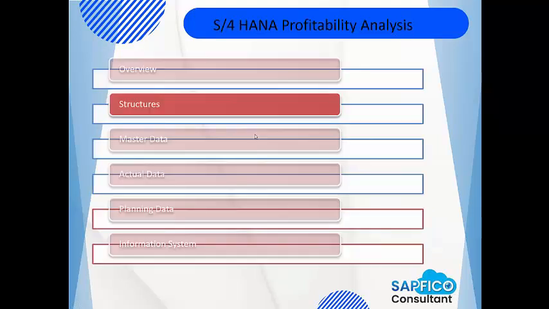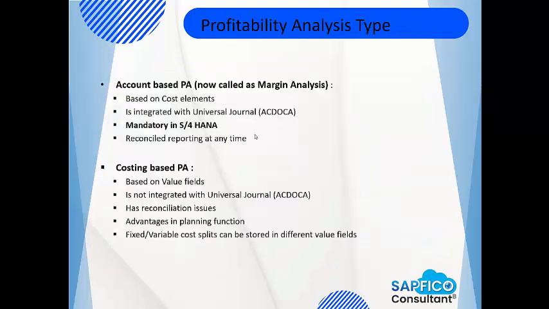We go on to understand the structures in S/4HANA profitability analysis. We have two kinds of profitability analysis. Account-based profitability analysis, we'll use the term PA, is now called margin analysis. In S/4HANA 2021 onwards or 2022 onwards, account-based PA is no longer called account-based PA, it is called margin analysis.